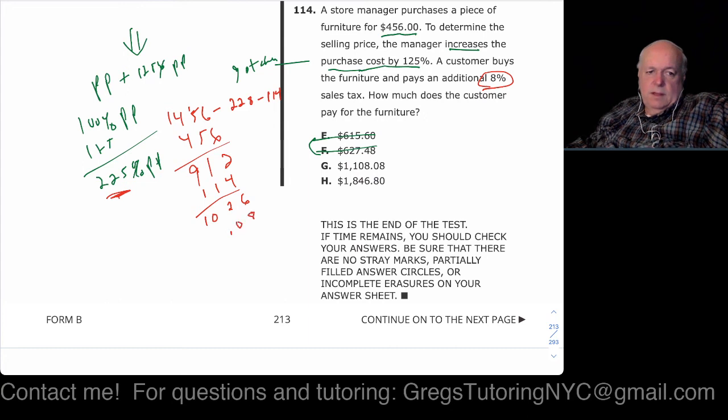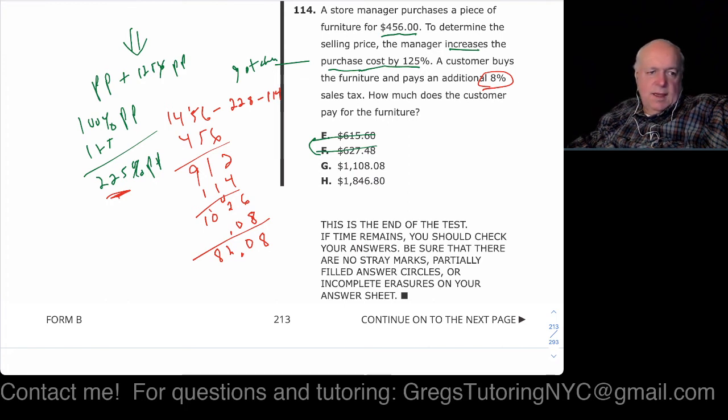Okay. 6 times 8 is 48. 4, 16, 0, 2. 8 times that, 8 times 0, 0. Drop down the 2. And 8 times that is 8. So I get 8208 is my tax, right? That I'm going to add into it.